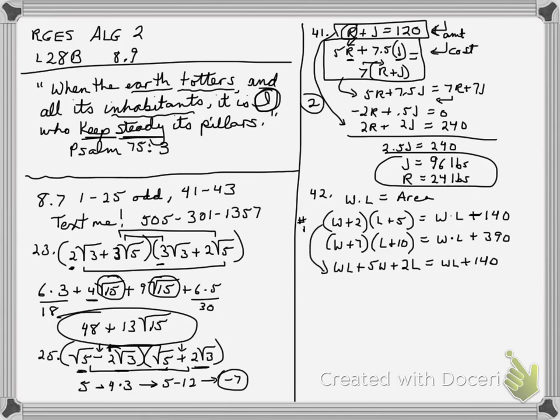You might have paused at the beginning thinking, do I know how to solve this? But you do, because you just use FOIL to come down here, and now you have a WL on both sides, so they can just cancel out. So now this looks like the kind of equation you're very comfortable solving with simultaneous equations. The same thing would happen when you do the next one. I'll leave the solving to you.